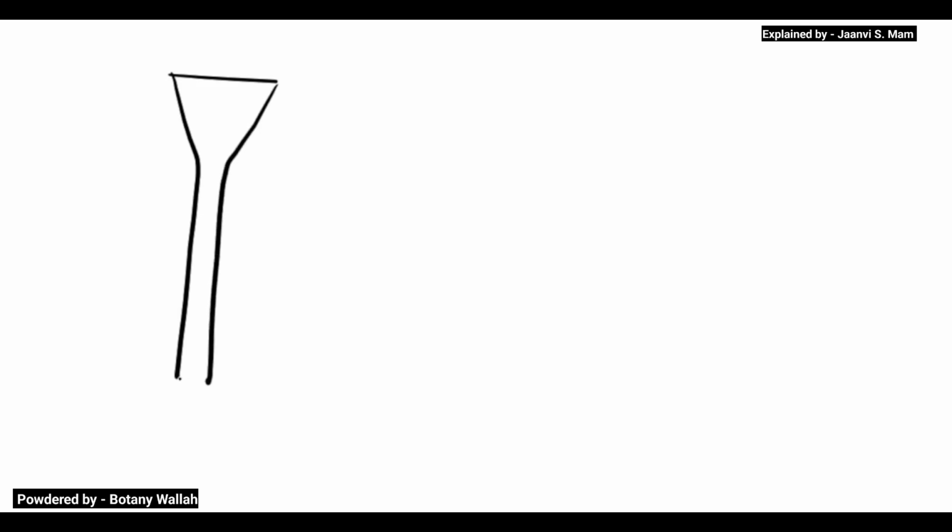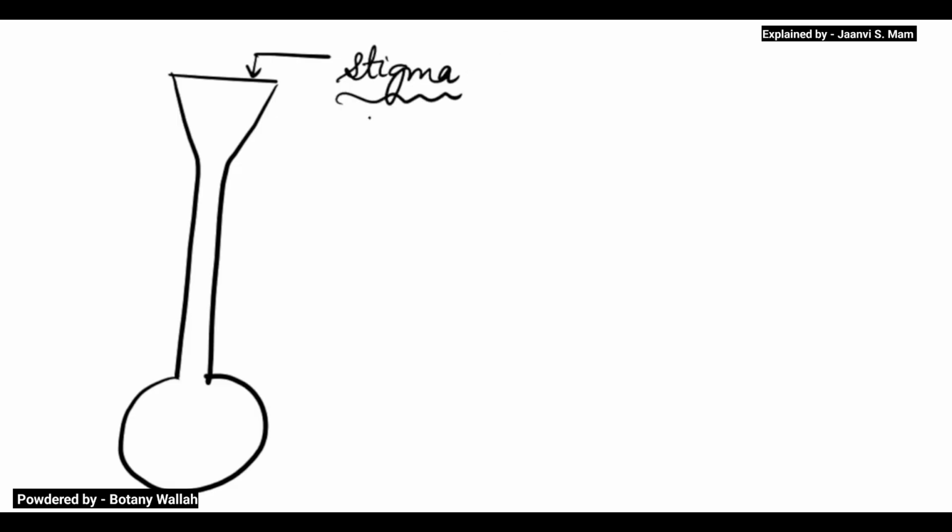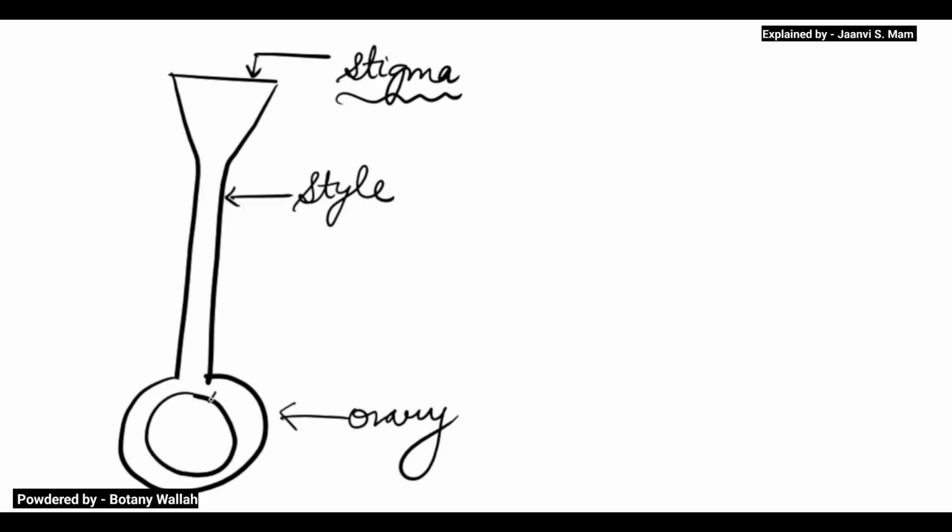I have told that this is the stigma, then we have the style, and we have the ovary. Stigma is a landing part, or you can say a landing platform. And you have the style. And the third part is the ovary. And in the ovary you have ovules.